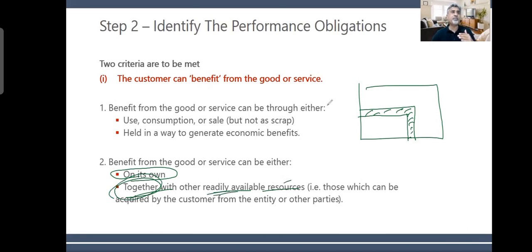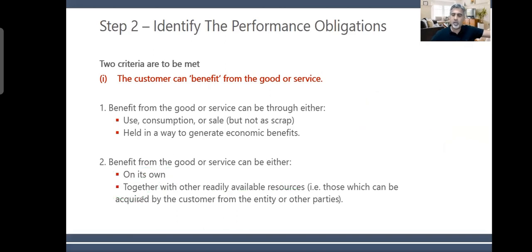So sometimes the benefit can be taken from that particular activity itself, but sometimes the benefit cannot be taken by itself, but it combines with some other thing. Like if you see the holes on the wall, there is no benefit. But when you will be putting the wiring inside, that is the time when you will get benefit, because you will pay less money to the next guy. The next engineer who will come in, you will say, my holes are already there. You just have to run the cables, and you will give less money and you will make benefit out of that. So either on its own or together with someone.